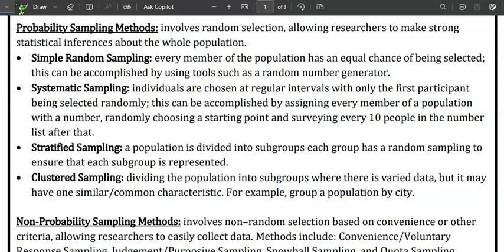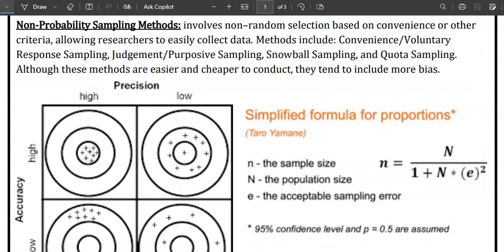Stratified sampling: a population is divided into subgroups. Each group has a random sampling to ensure that each subgroup is represented. Cluster sampling: dividing the population into subgroups where there is varied data, but it may have one similar common characteristic. For example, group a population by city.